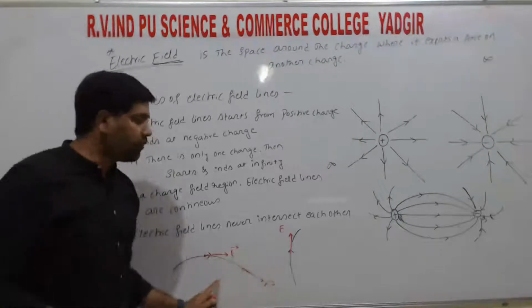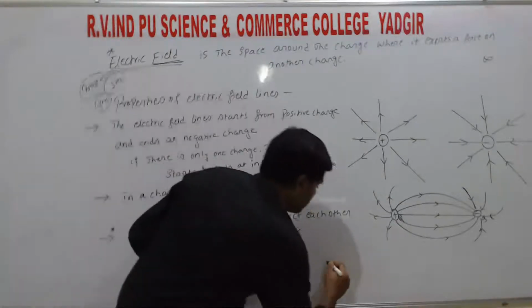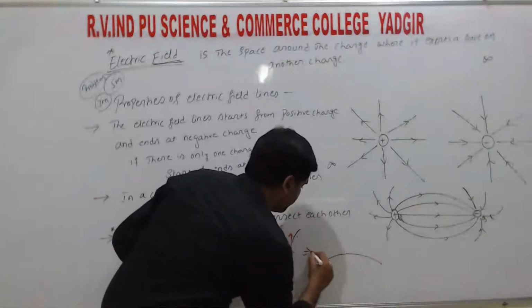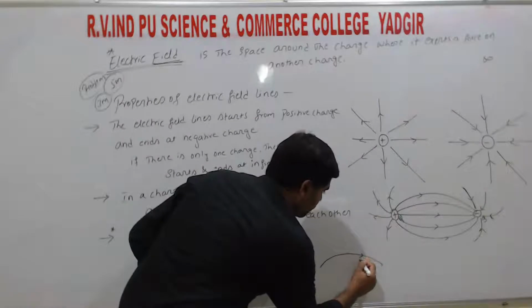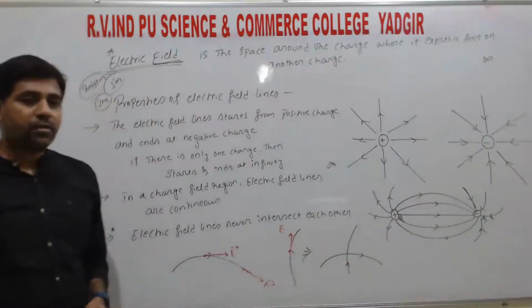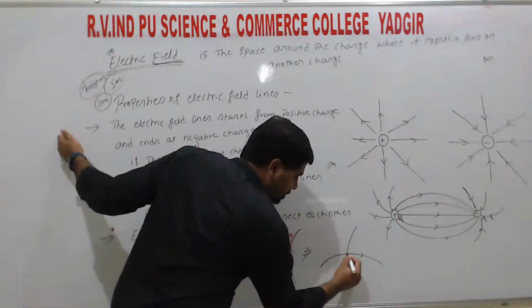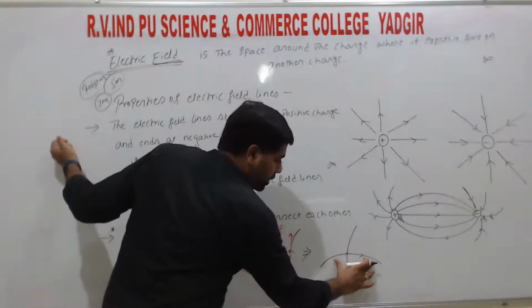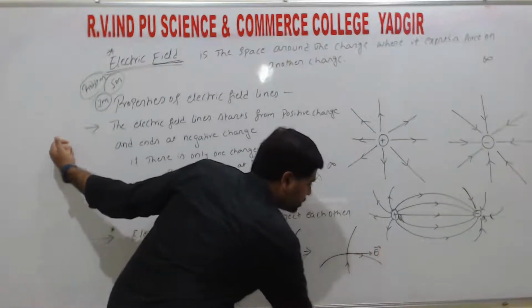If these two electric field lines are intersecting, this is the first one and this is the second one. Now, if I draw the tangent at this point of intersection, for this curve the electric field is in this direction.